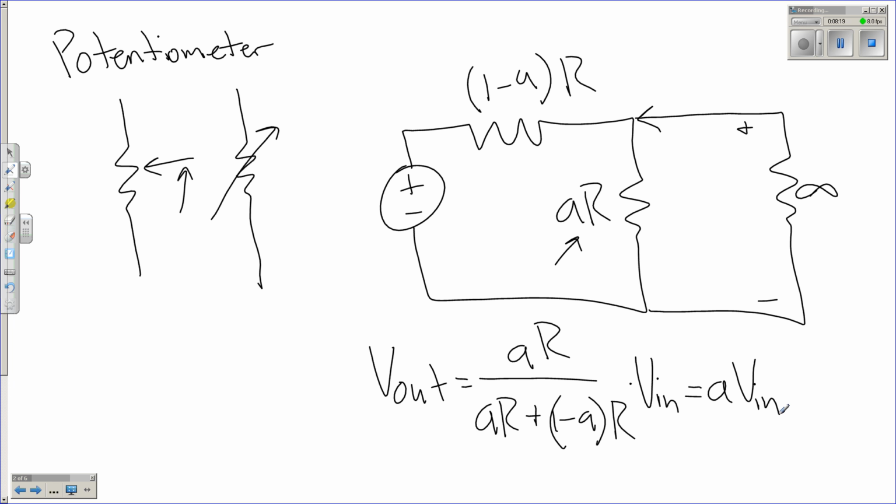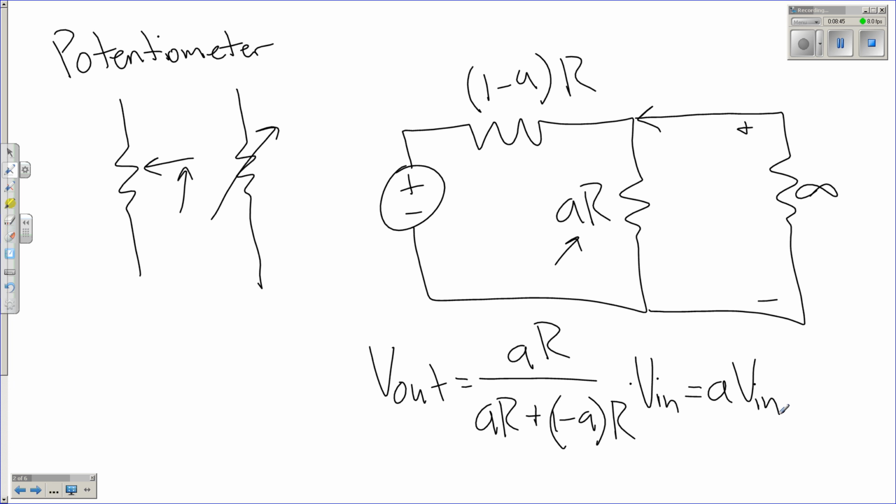Now, when a cop pulls me over for speeding, I've got to turn it down, and that A goes to 0, and my Vout is equal to 0 times Vin, 0. So, handy little device, the variable resistor allows us to put a lot of different values into our voltage dividers.